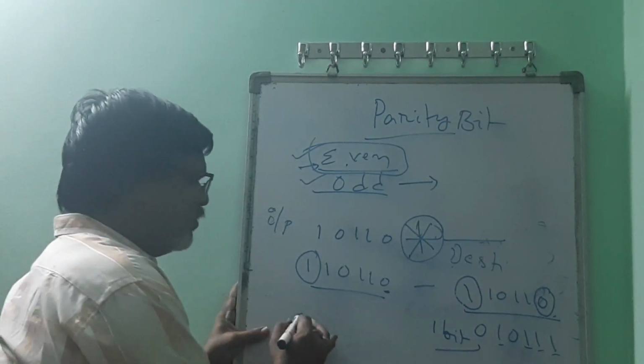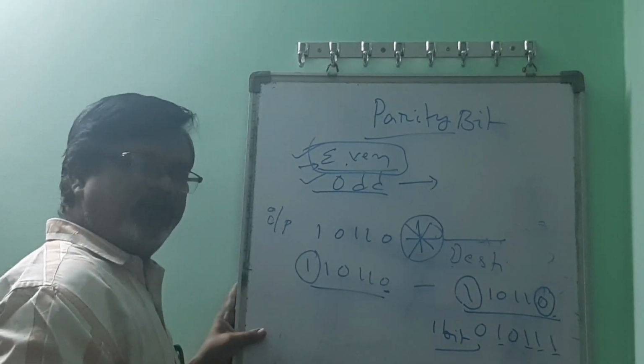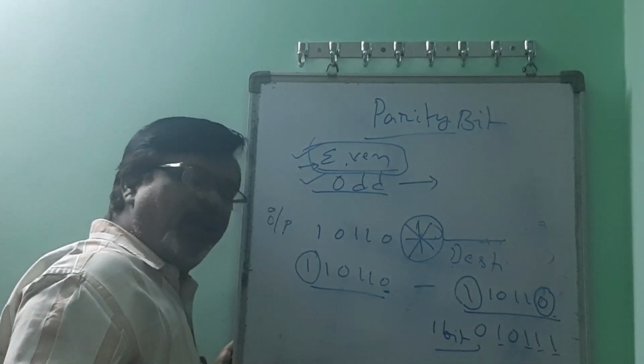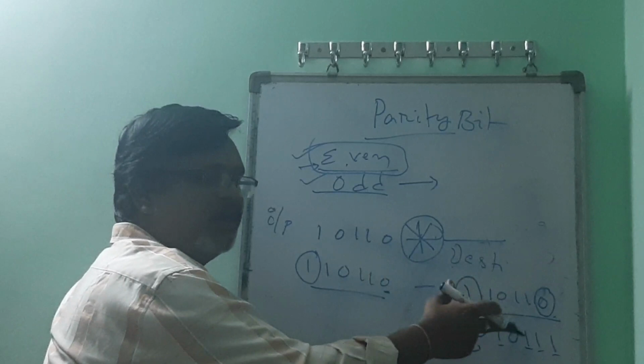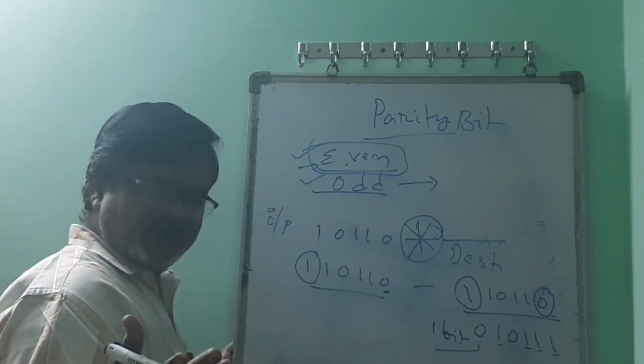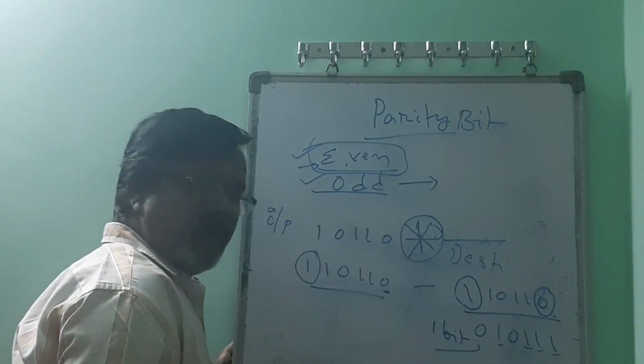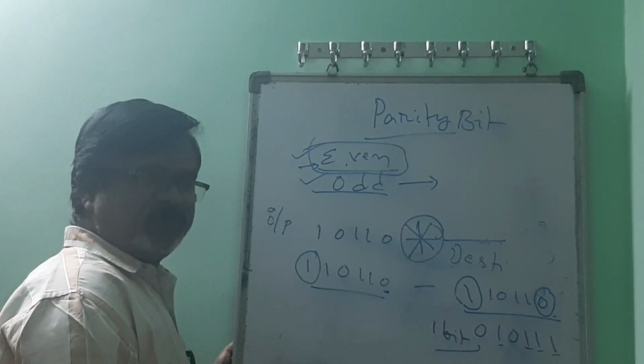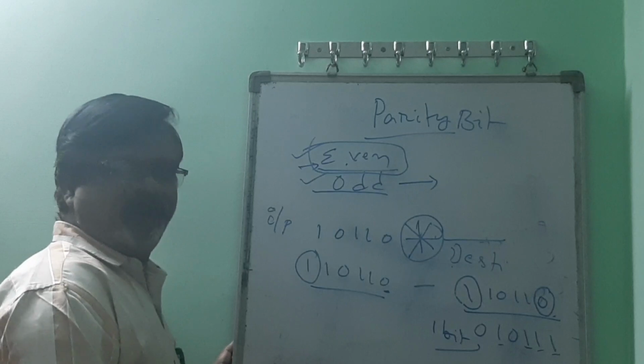So that's why this is the major disadvantage of the parity bit method: it is applicable only if the change happened at one position from the source to the destination data. Otherwise it is not possible. Further, there are other advanced techniques in the error detection and correction course, which we don't have in our syllabus.